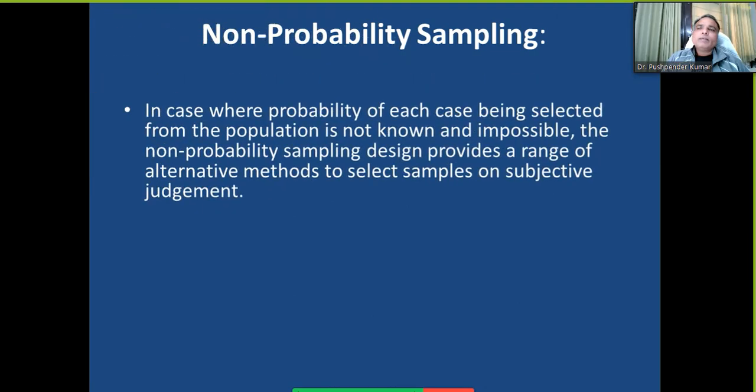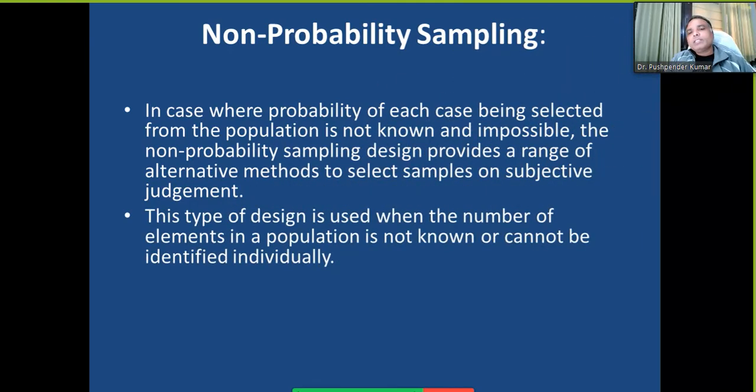Non-probability sampling is used in cases where the probability of each case being selected from the population is not known and it is impossible to know it. The non-probability sampling design provides a range of alternative methods to select samples on subjective judgment. This type of design is used when the number of elements in a population is not known or cannot be identified individually.